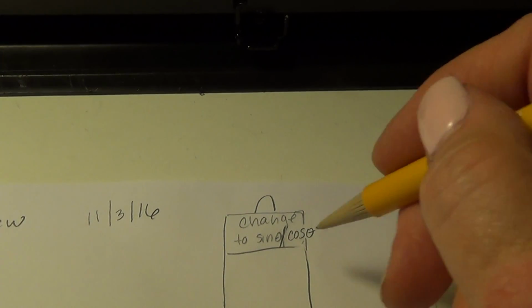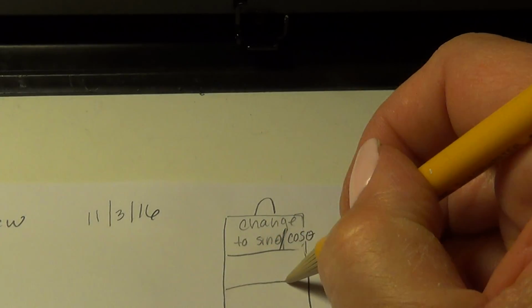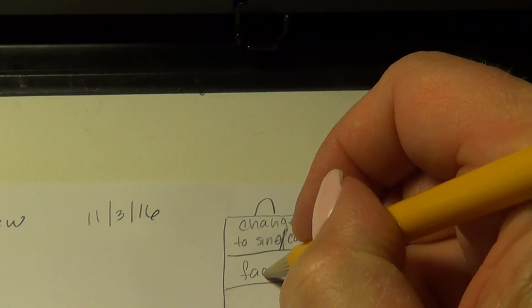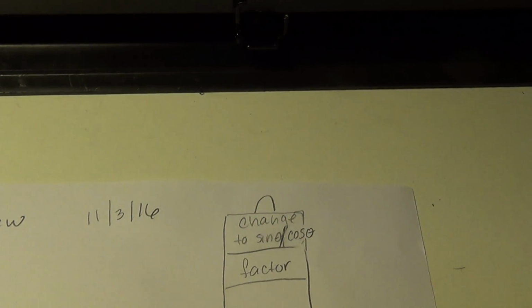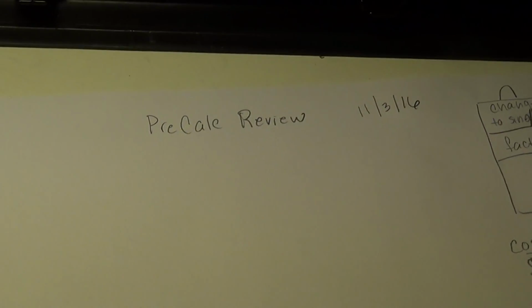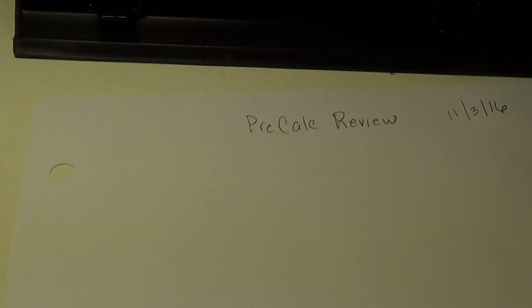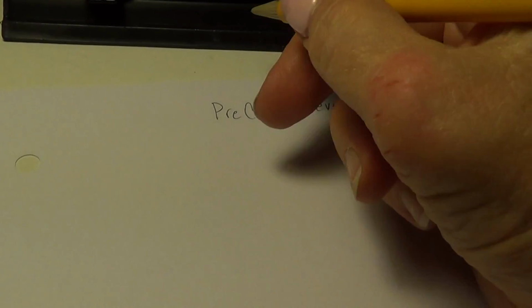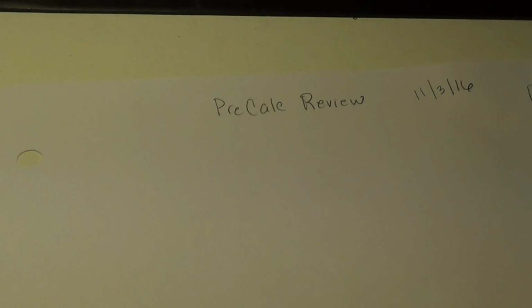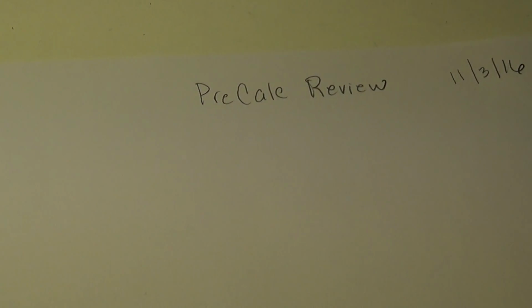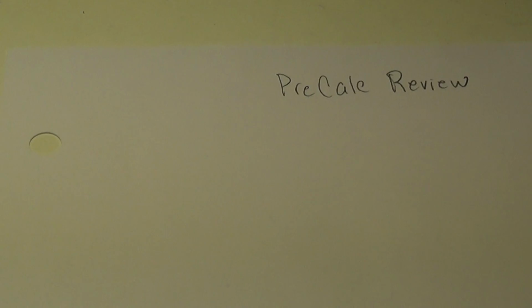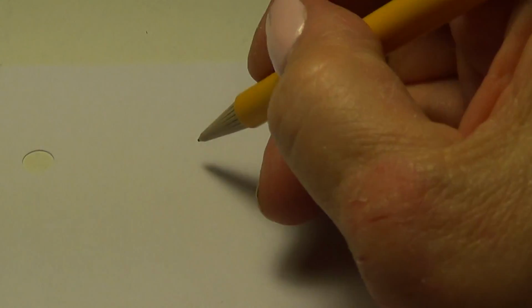Alright, so then the second tool in the toolbox is factoring. So, when we factor, let's look at what happens with factoring. One of the tools of factoring that you may have forgotten, but it is a missing thing, is the difference of two squares.